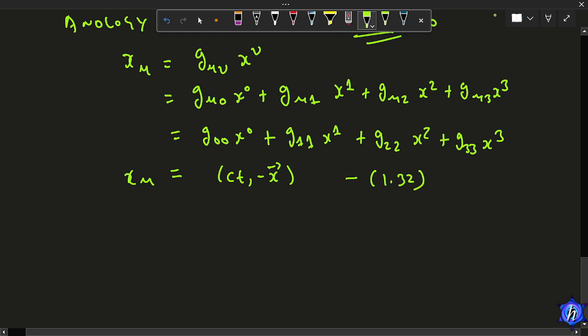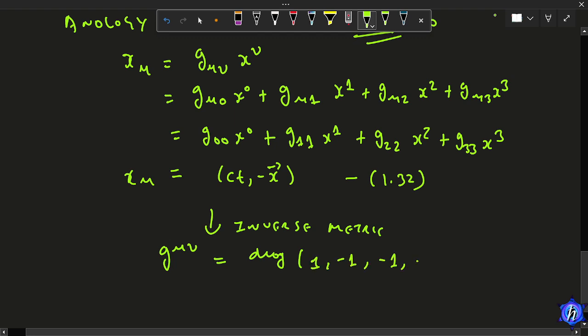What this means is it's a good thing that we can define the inverse metric, g upstairs mu nu, which is diagonal with 1, minus 1, minus 1, minus 1. This is equation 1.33.